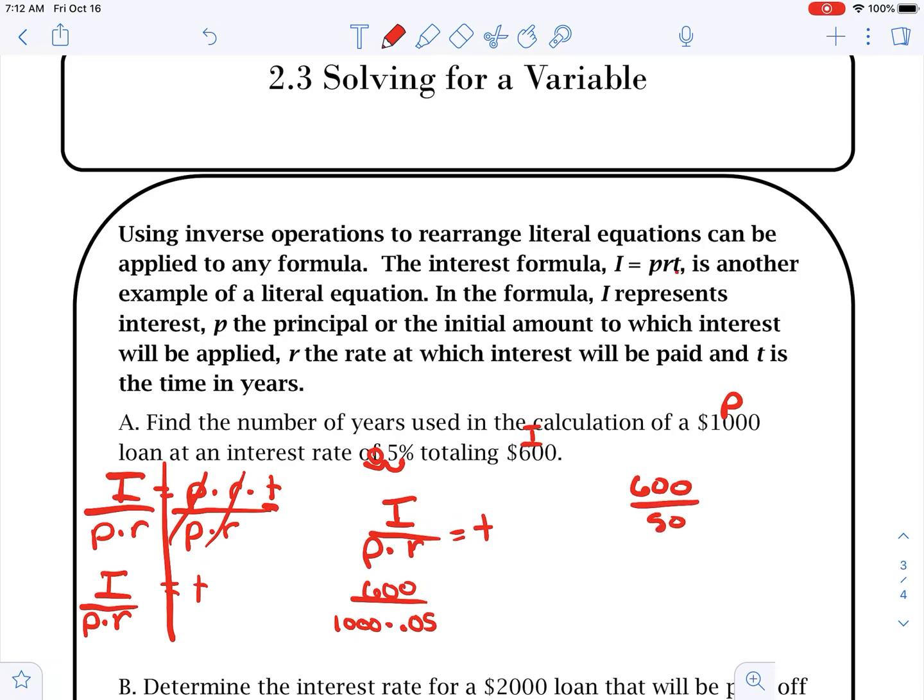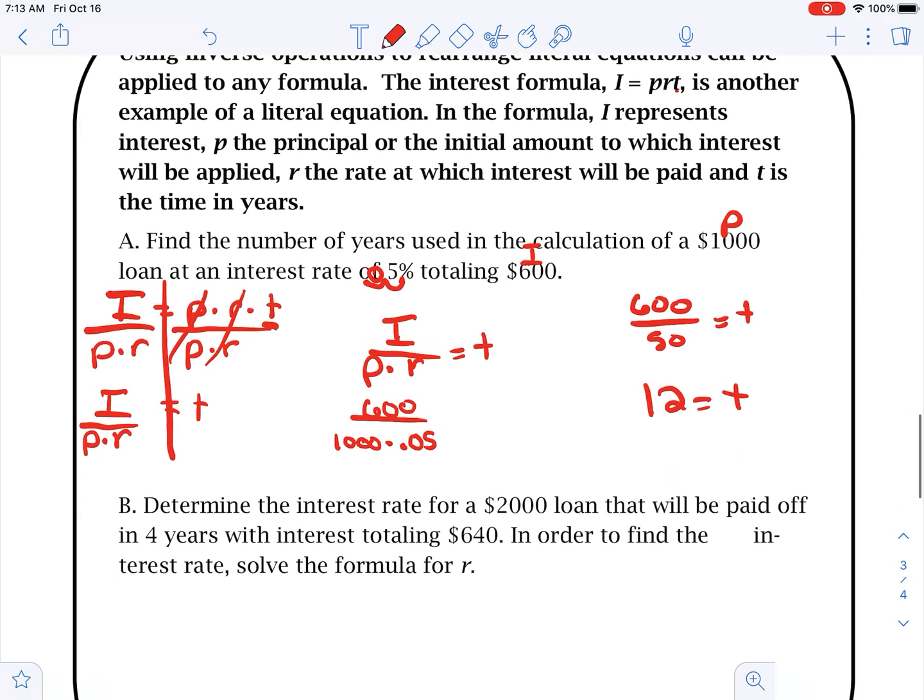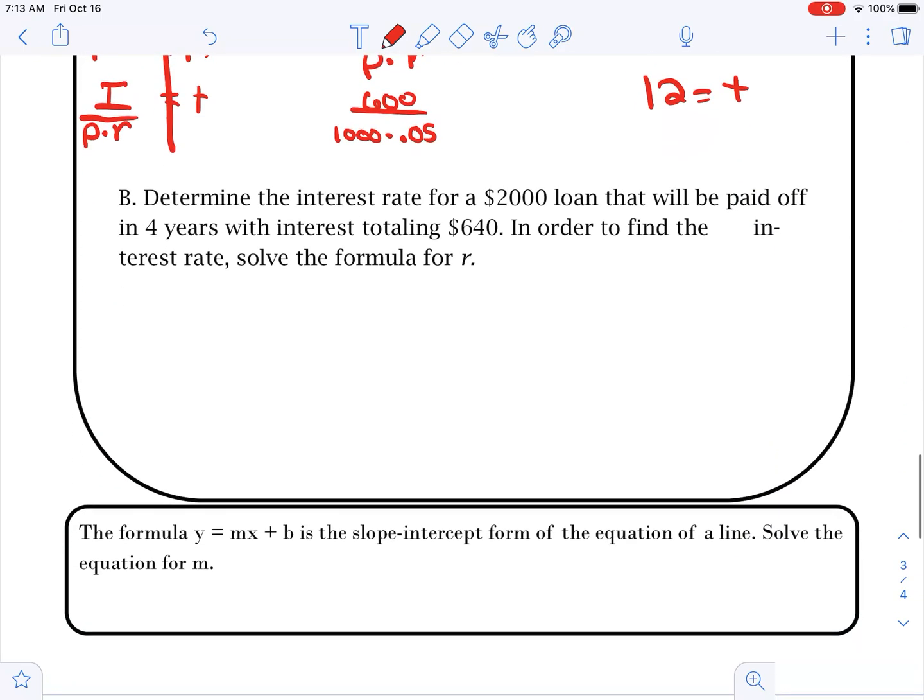So you have 600 divided by 50. Then you take your 600, divide by 50, and you're going to get 12 years. Again, what that is saying is if I took $1,000, with an interest rate of 5%, it would take me 12 years to get $600.